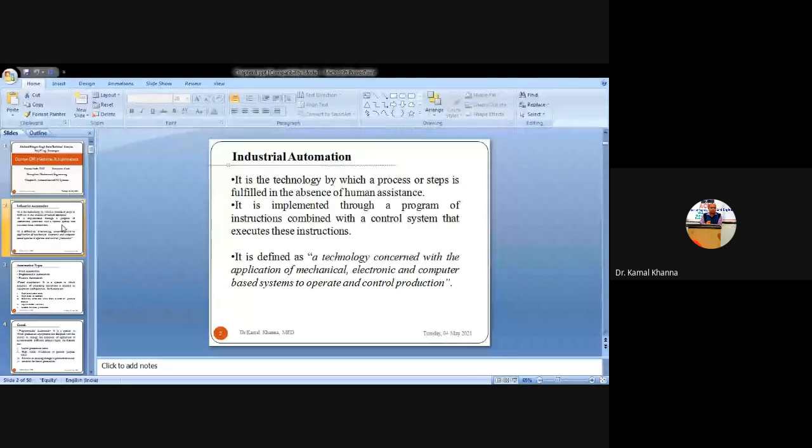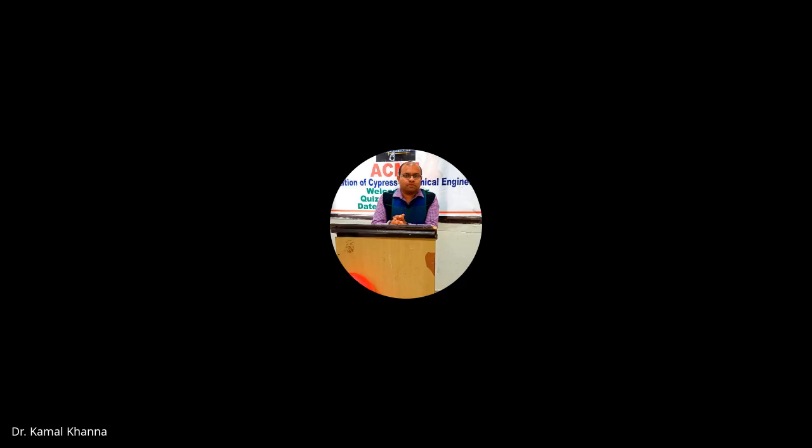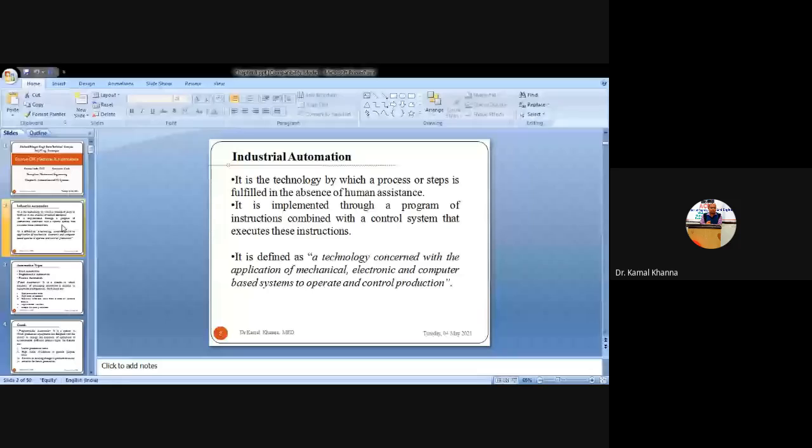Also, the system was an open loop system in the case of conventional machines, whereas CNC machines generally work on the principle of a closed loop control system. What is the meaning of a closed loop system? It provides continuous feedback to the user or the worker who is controlling the machine.